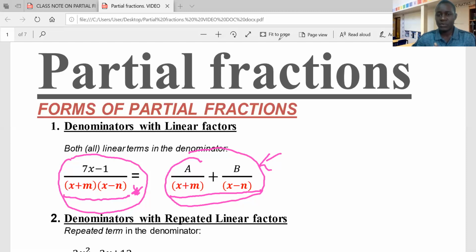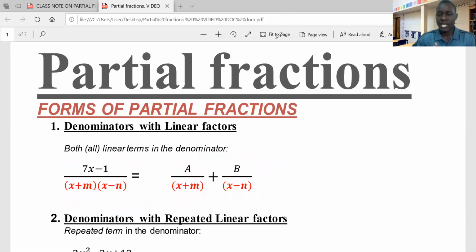Now we have rules that guide us on how we break down our compound fraction, which is of this kind, to look like this, which we have regarded here as partial fractions. Now the rules depend on the kind of denominator that the compound fraction comes up with. So for example, the compound fraction here in this first has denominators that are linear expressions. x + m is a linear factor, x - n is a linear factor of the entire denominator that we have here.